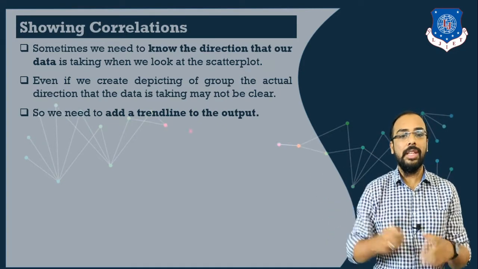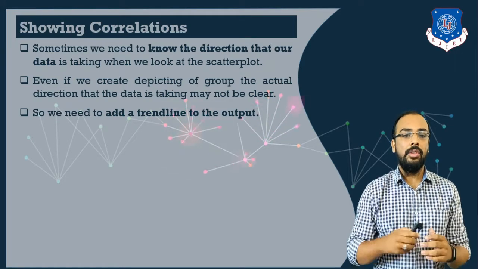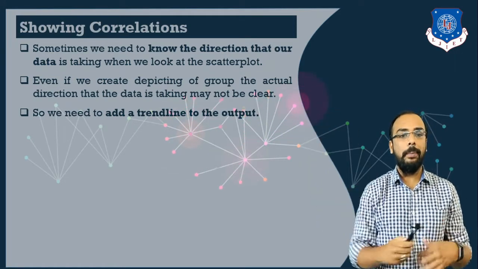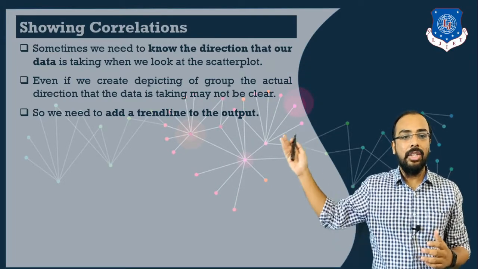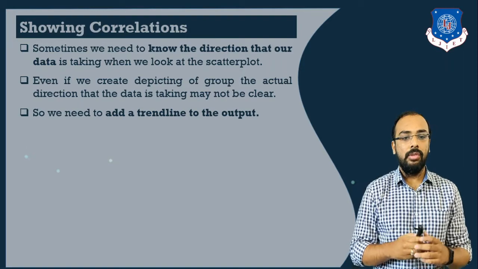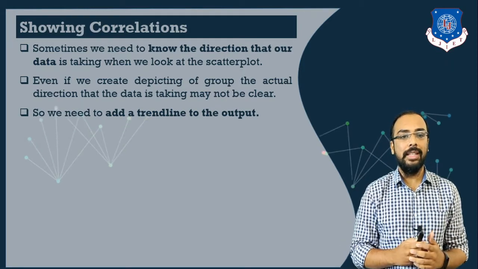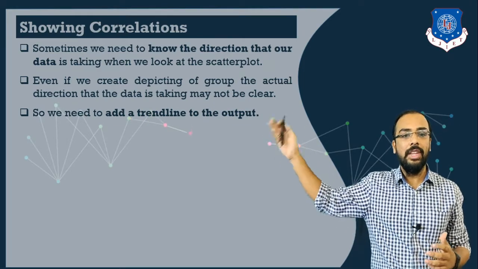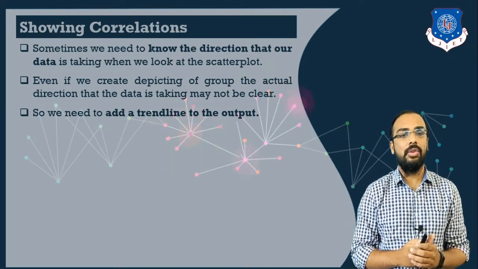Now the question may arise, why do we use correlations when we already have depicting groups? When we create depicting groups, it cannot actually predict the direction in which your data is moving. Whenever you want to make clear what direction it is taking, we have to use correlation.